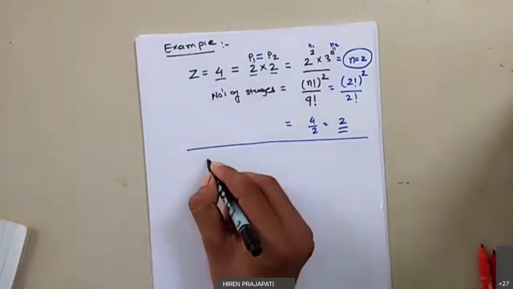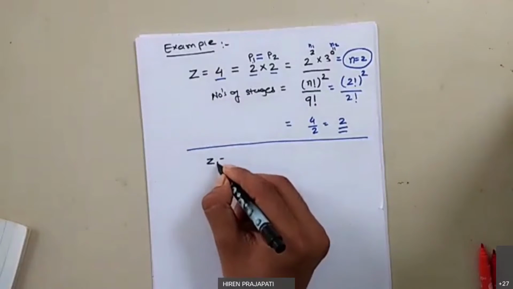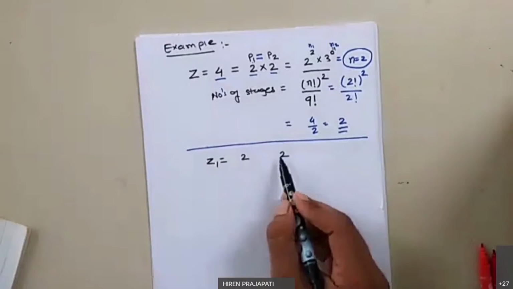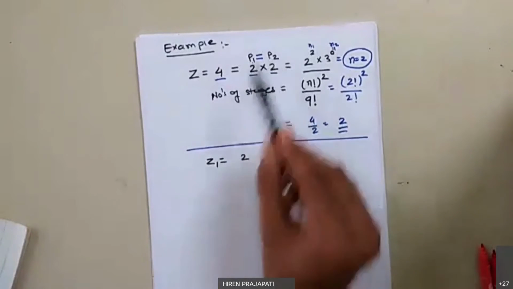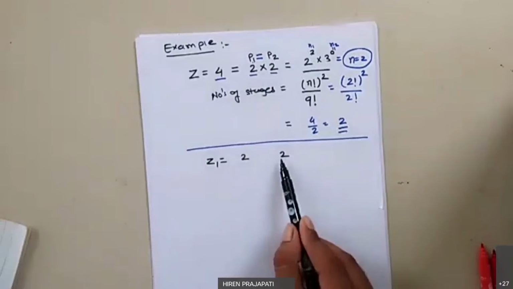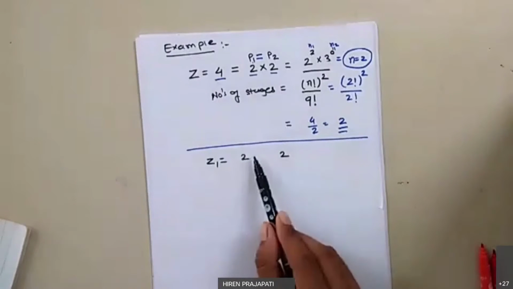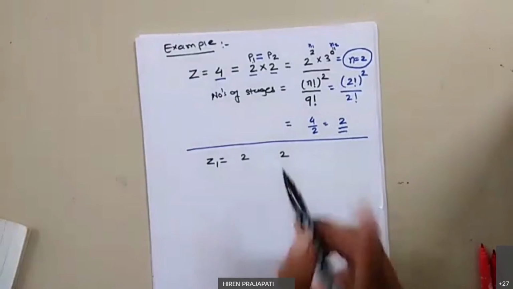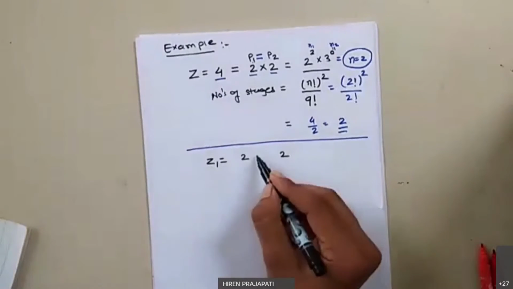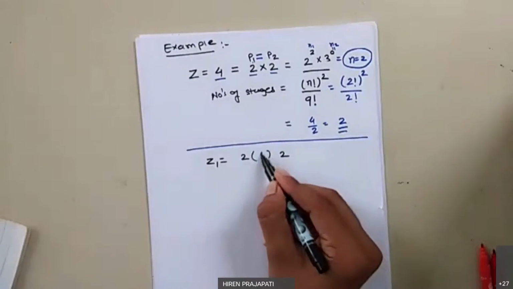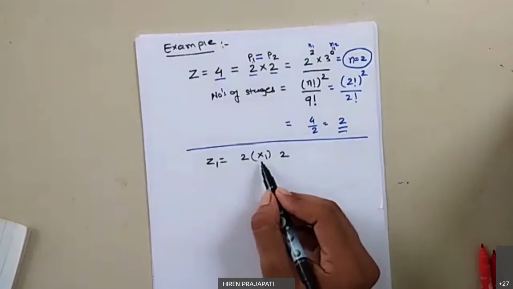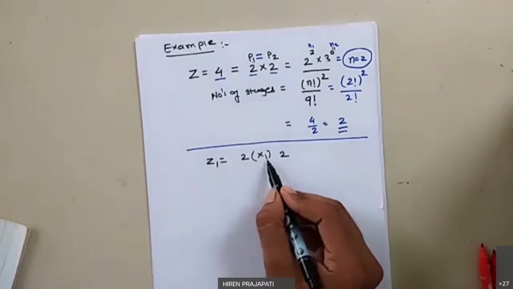So for the two structure equations, I say Z1 is equal to 2, 2. Here P1 and P2 are the same, so we have only one option, 2, 2. If we change the position of P1 and P2, we get the same values, 2, 2. So we have only one choice, but we can change the position of the fundamental group, that is, the characteristic number.